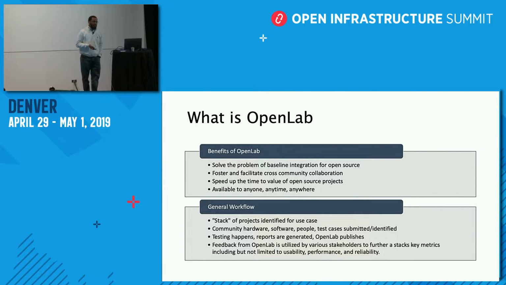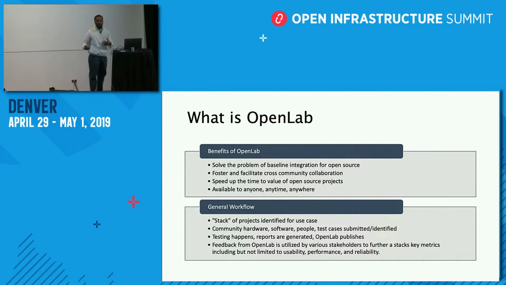So some of the benefits of using OpenLab: if you're a person who wants to use an open source project and you have some difficulty, which many of us have, deploying those individual open source projects or deploying those projects together, there's some rudimentary stuff you may run into, like, okay, does this project even deploy?